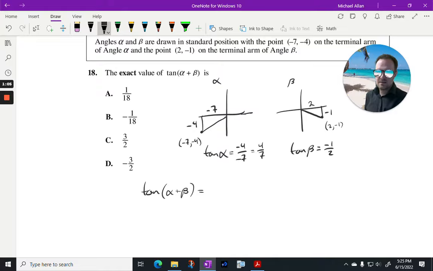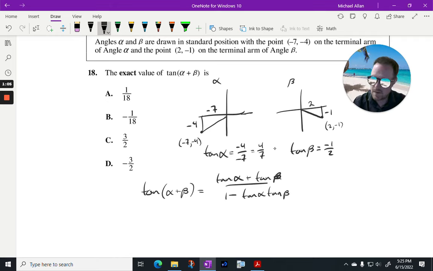Okay, what it says is that tan of alpha plus beta is equal to tan alpha plus tan beta, all over 1 minus tan alpha tan beta.